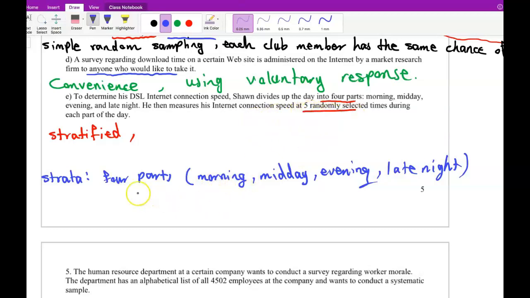Then from each part, he has 5 randomly selected times. For example, selected times can be 7 a.m., 8 a.m., 9, 10, 11, just like that. So from each one, we have 5.